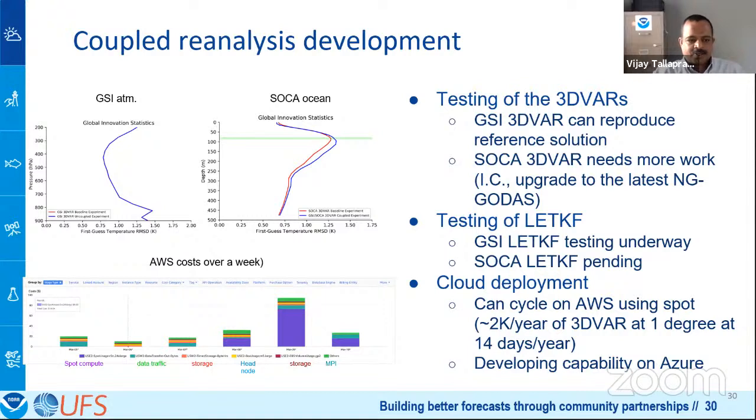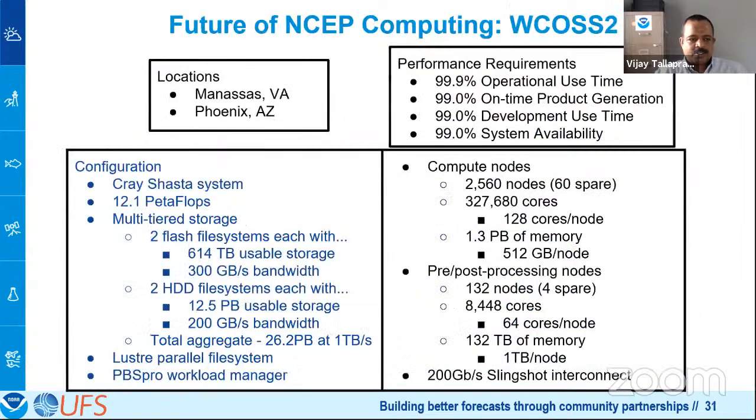Computing requirements are huge for this project, and we are trying to identify those resources to complete the 30-year reanalysis and reforecast using the coupled model for future global model application. So we are moving into a new WCOSS for future operational implementations.